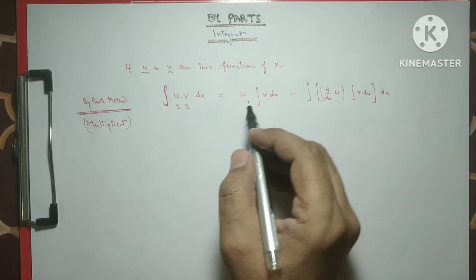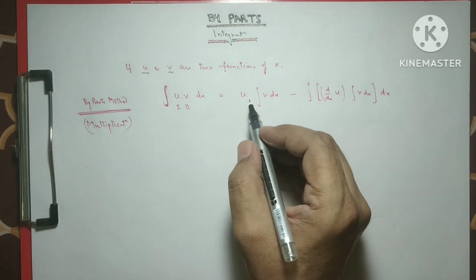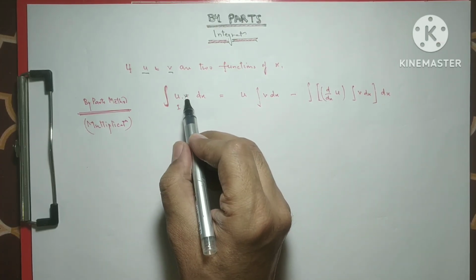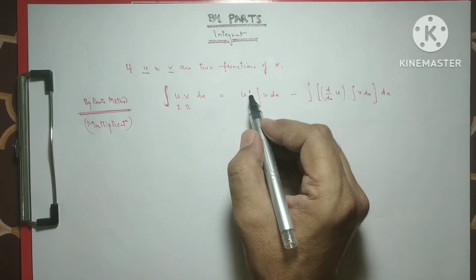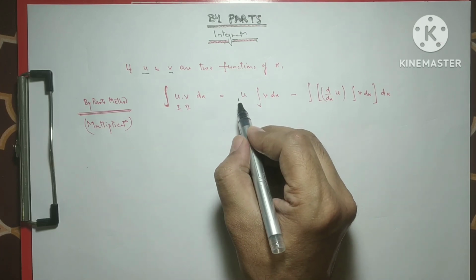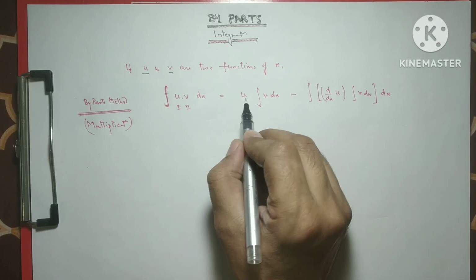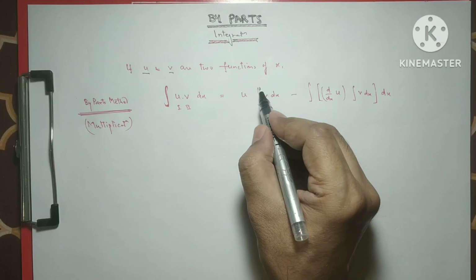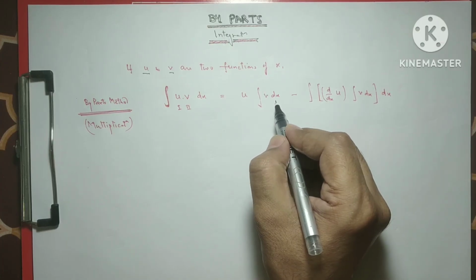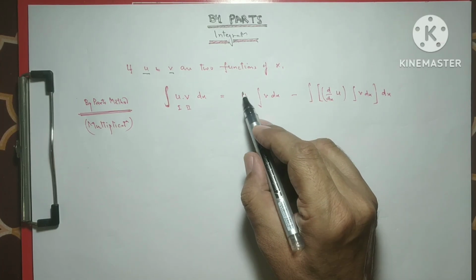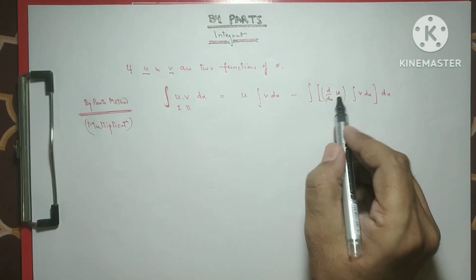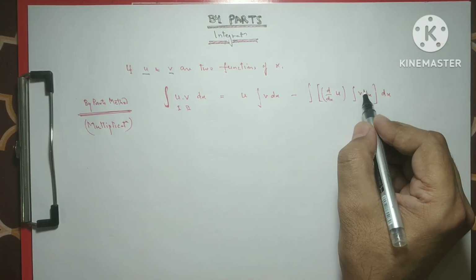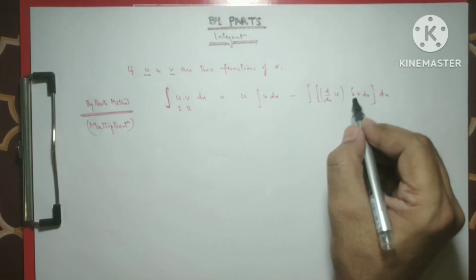According to this, the integration of this product will be, first, u is the first function, and v is the second function. So u as the first function, as it is, we put it the same as in the question, and we integrate the second function, minus we differentiate the first function and integrate the second function. So first function derivative and second function integral.